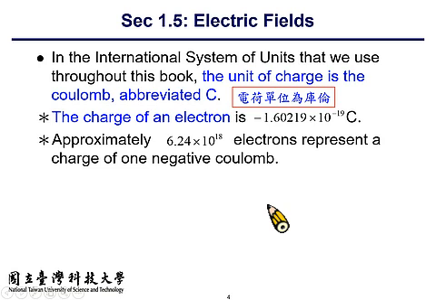Another thing we learned from this slide is that the amount of electrical charge of an electron is minus 1.6 times 10 to the minus 19. Okay, one problem with electromagnetics is the definition of the electron.